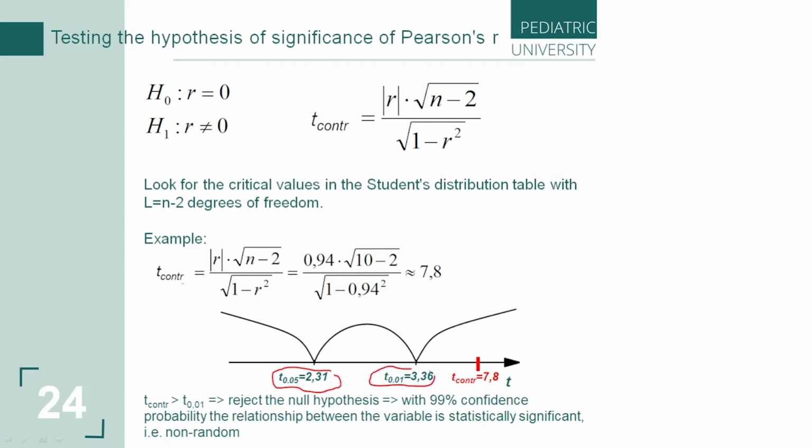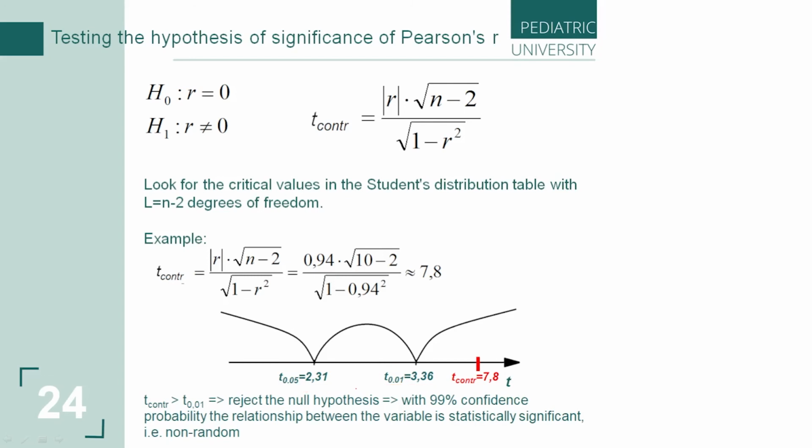Our value is 7.8. Really, 7.8 is greater than these numbers. So we see that our value lies within the realm of significance with a 99% confidence level. And what is this?